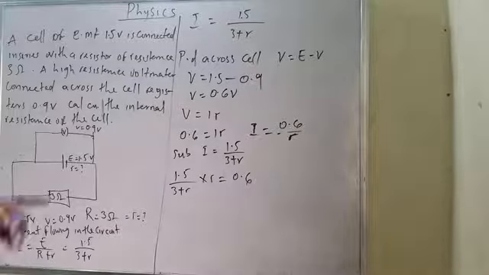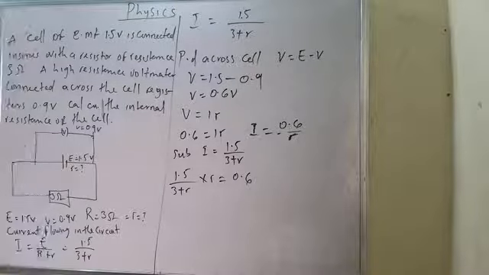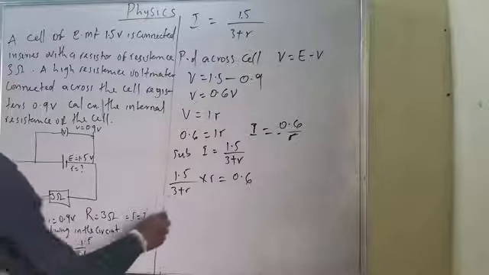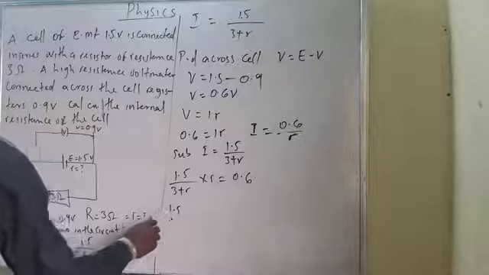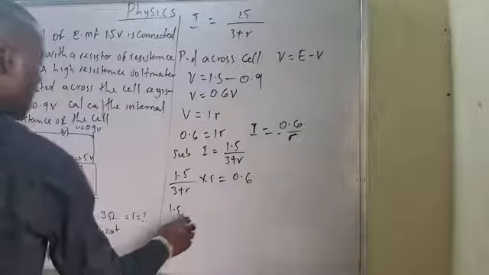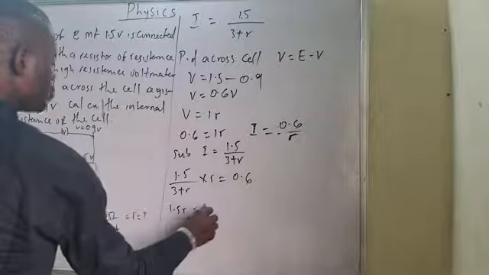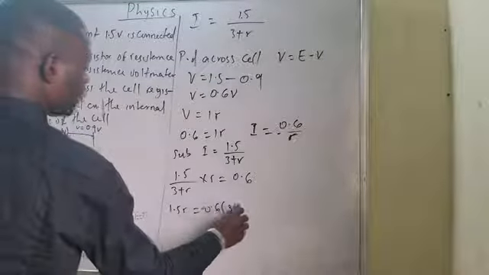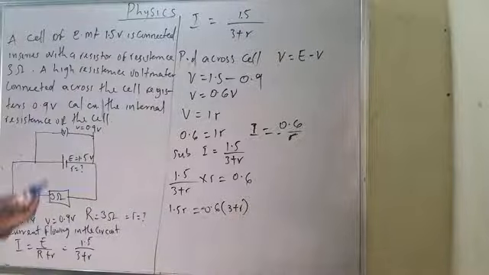What did I do there? I've successfully cross multiplied and moved on with what I need. Now I can have 1.5 r equals 0.6 bracket of 3 plus r, which I just cross multiplied.